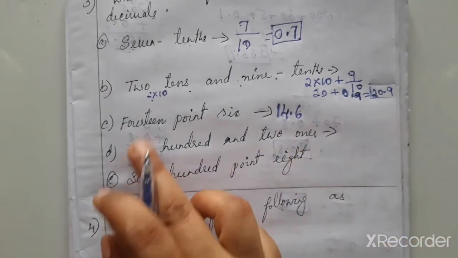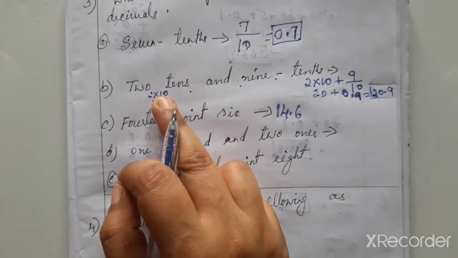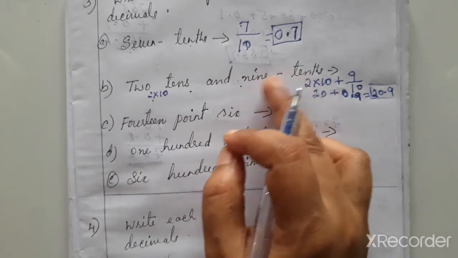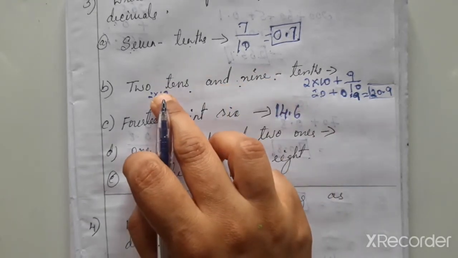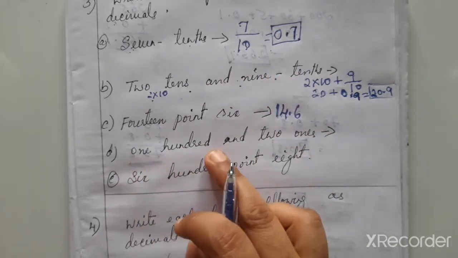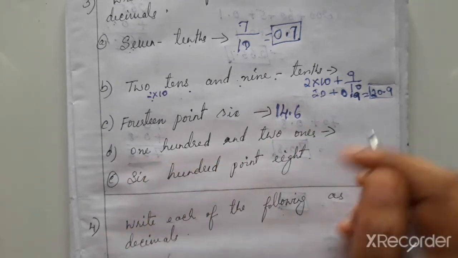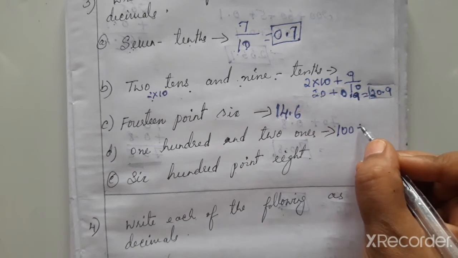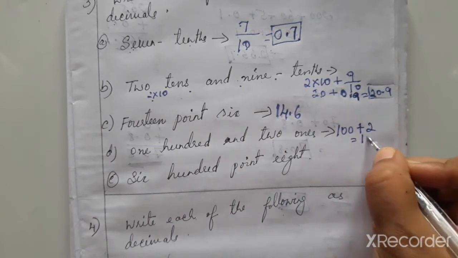Here 2 tens and 9 tenths are separate numbers because 'and' is in between: 2 into 10 plus 9 by 10. Likewise 100 is a separate number and this is a separate number. So 100 plus 2 ones means 2 one time. So here it is 102.